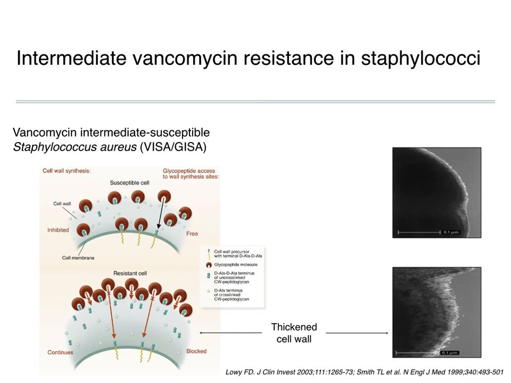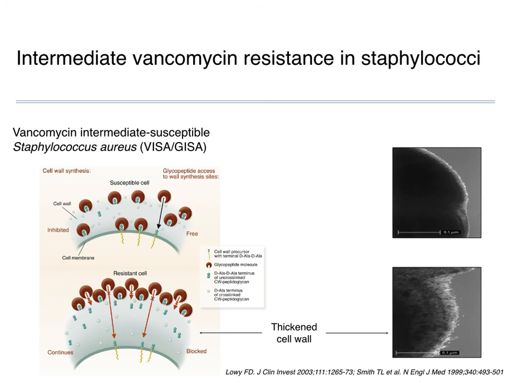And so the mechanism of resistance here is a thickened cell wall. On the top here, you have a vanco-susceptible cell wall, and then you have a much thicker cell wall. The top image is a vanco-susceptible Staph aureus. The bottom image is a VISA or GISA strain. So really, these developed these really thick cell walls.